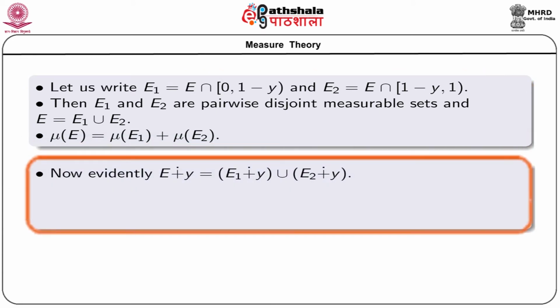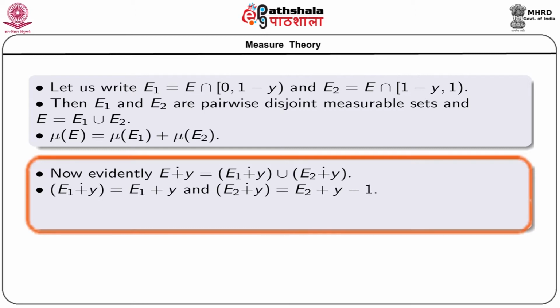Now, see that since E equal to E1 union E2, E plus-dot y is equal to E1 plus-dot y union E2 plus-dot y.